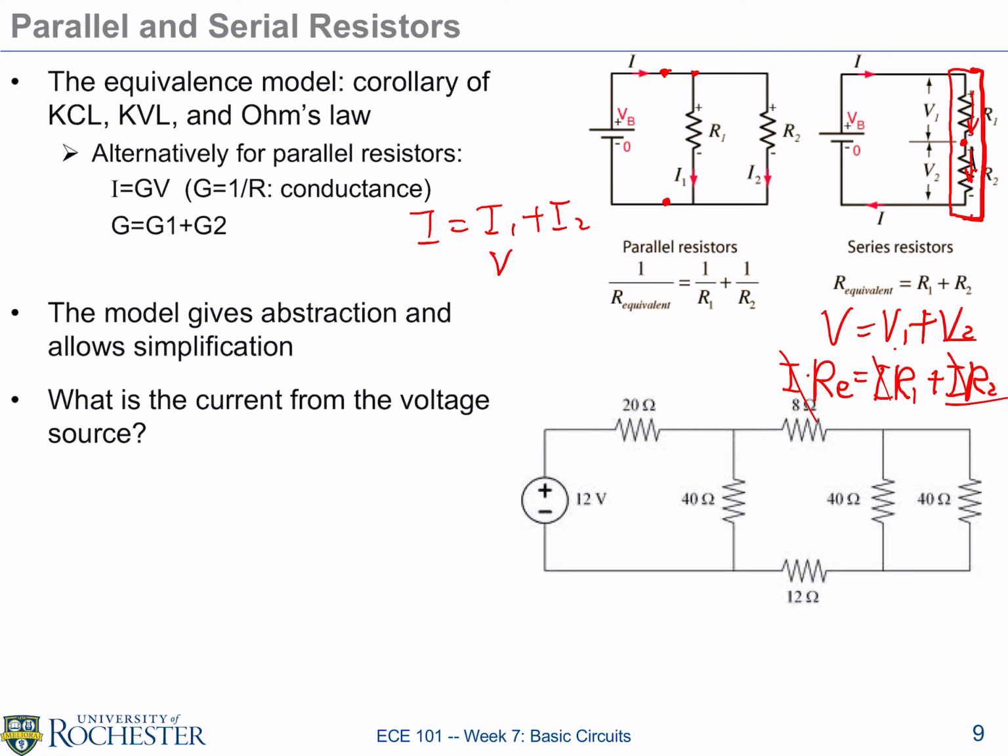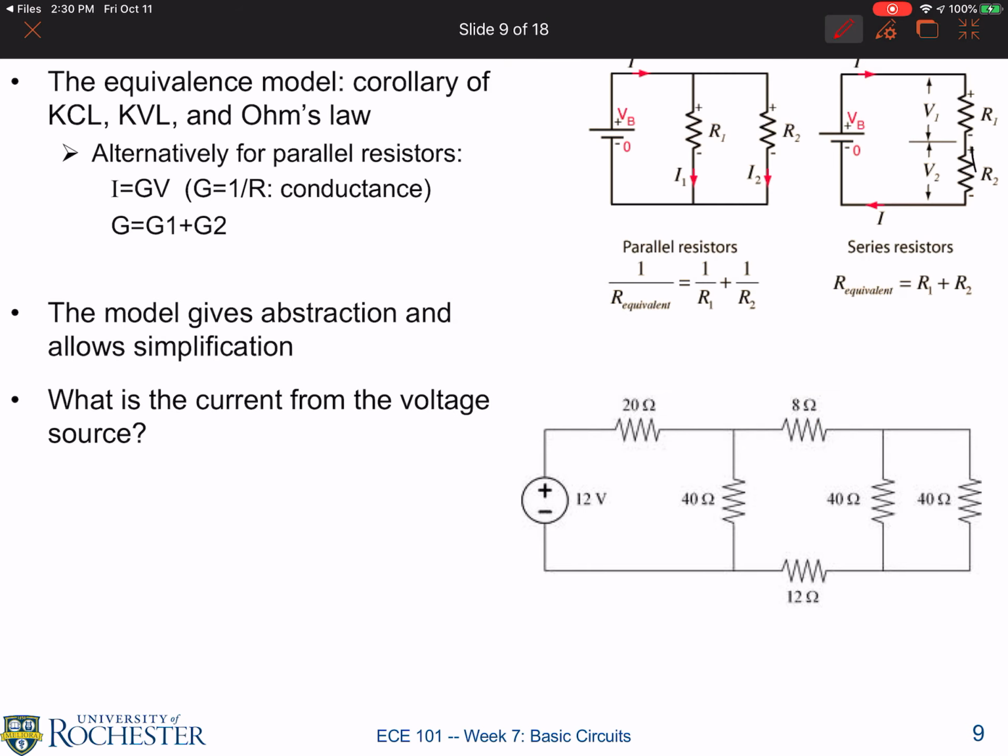Well, that's V over R1. And V over R2 is I2.